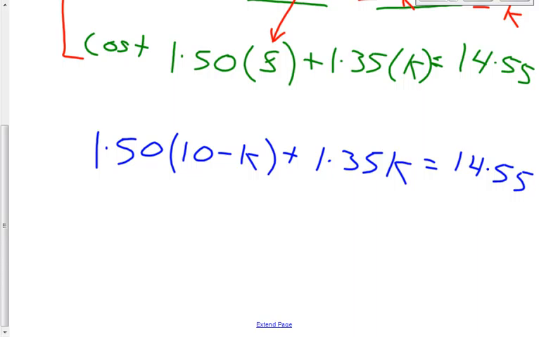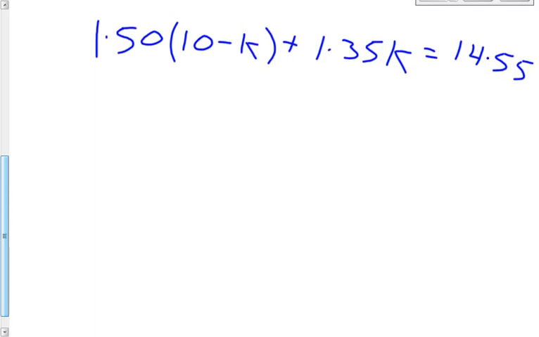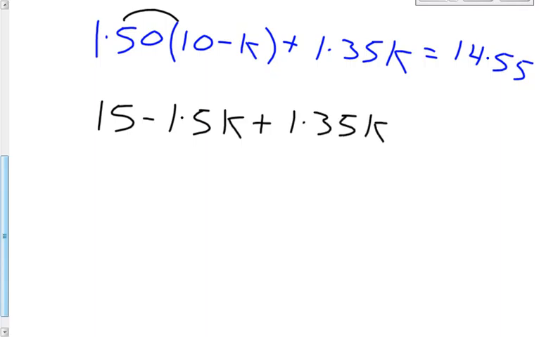And this, class, is how we're going to end up solving for K. We're going to find how many pounds of 100 Grand are in this gift box. So let's distribute. $1.50 times 10 is 15. $1.50 times a negative K is a negative 1.5K, plus 1.35K, equals 14.55.